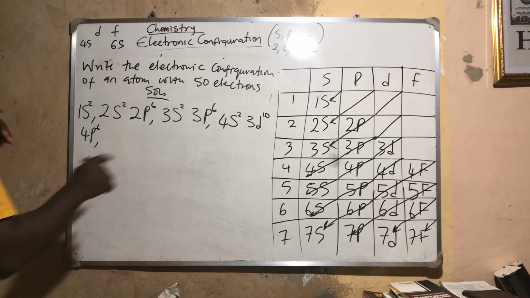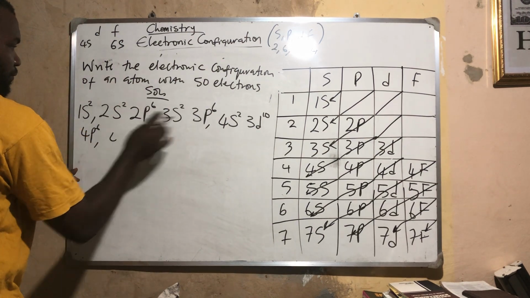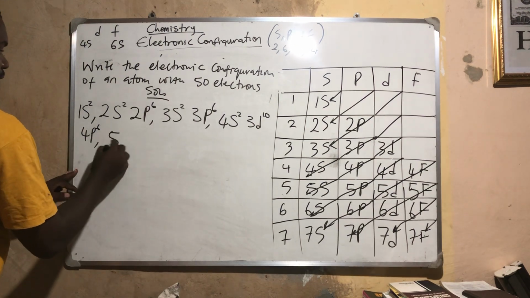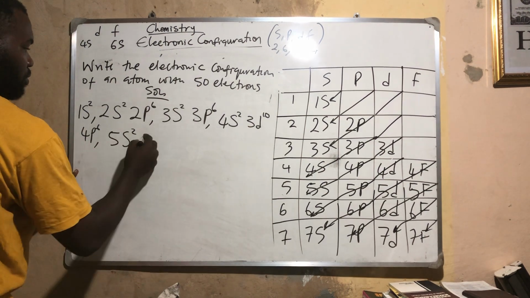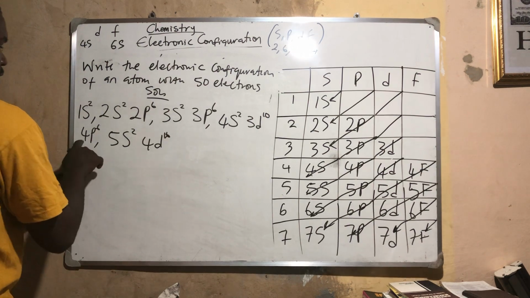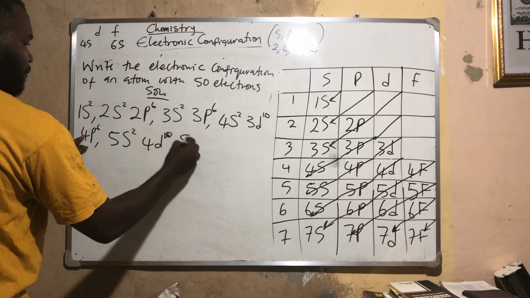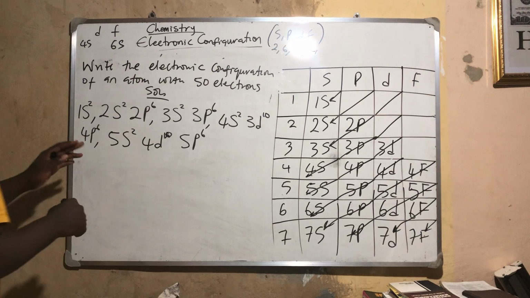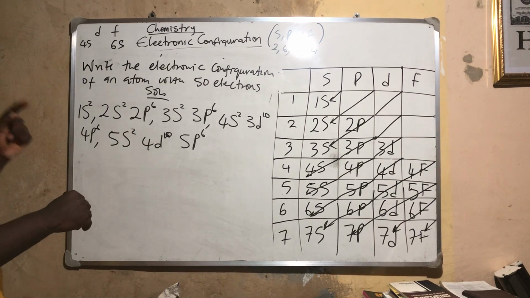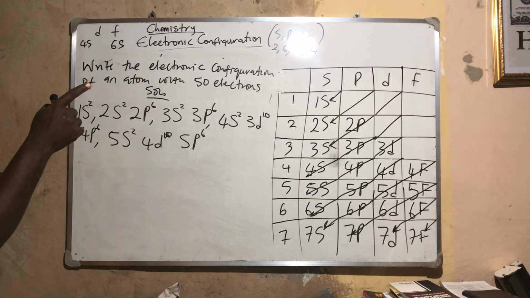The next one should increase from 4. You will now enter 5s2, then you move to 4d10, then 5p6.